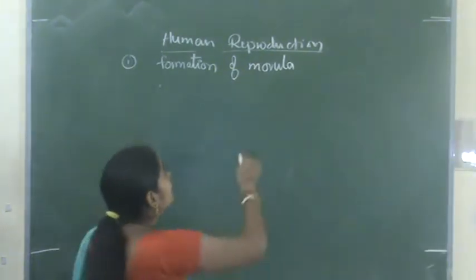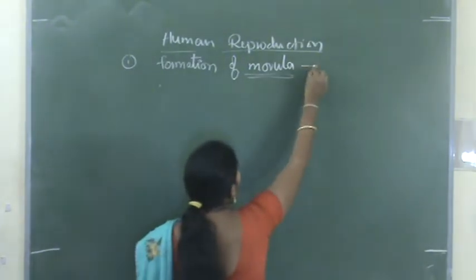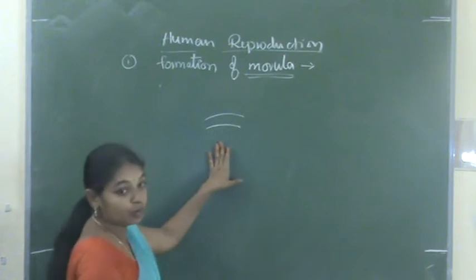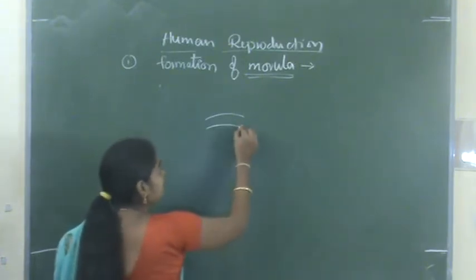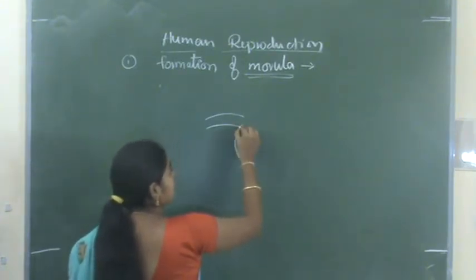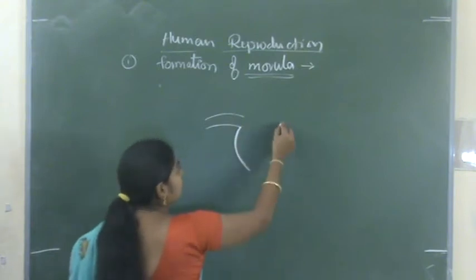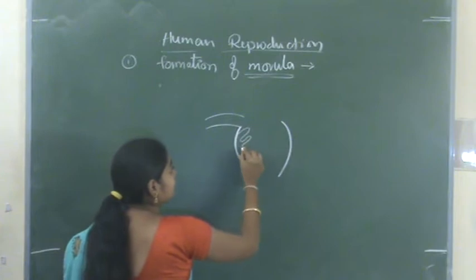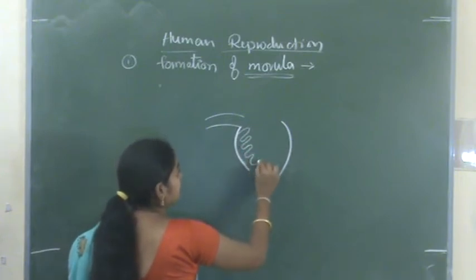enters into the uterus. Here, if we see the morula, this is the fallopian tube of the female reproductive system, and this is the uterus where the endometrium is present.